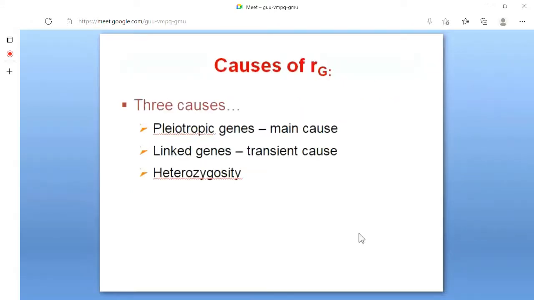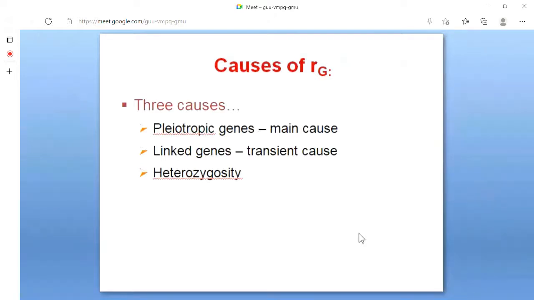Now the question is, what may be the causes of genetic correlation?